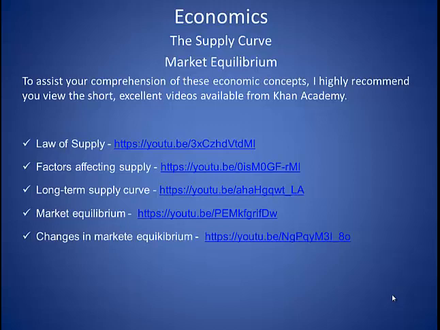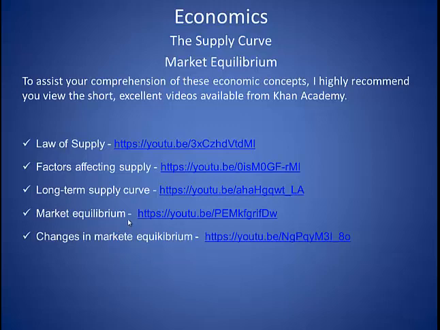He has a way of breaking them down and making them uncomplicated. So if you're interested in looking at those subject areas, please utilize these links, which includes, number one, the law of supply, factors that affect supply, long-term supply curve, market equilibrium, and changes in market equilibrium. Okay, so again, utilize those links if you need information or you want to learn more about those items.